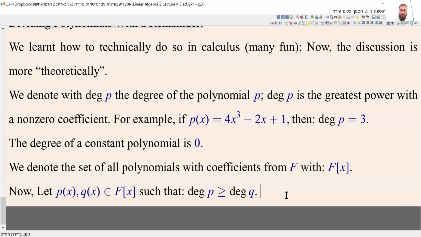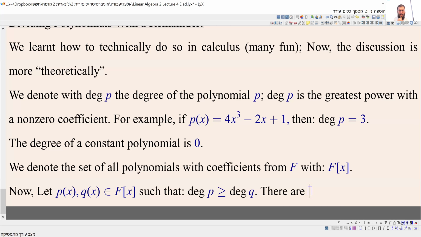In that case, there exist some polynomials, let's call them R for the remainder, and, let's write a different letter, G, okay?